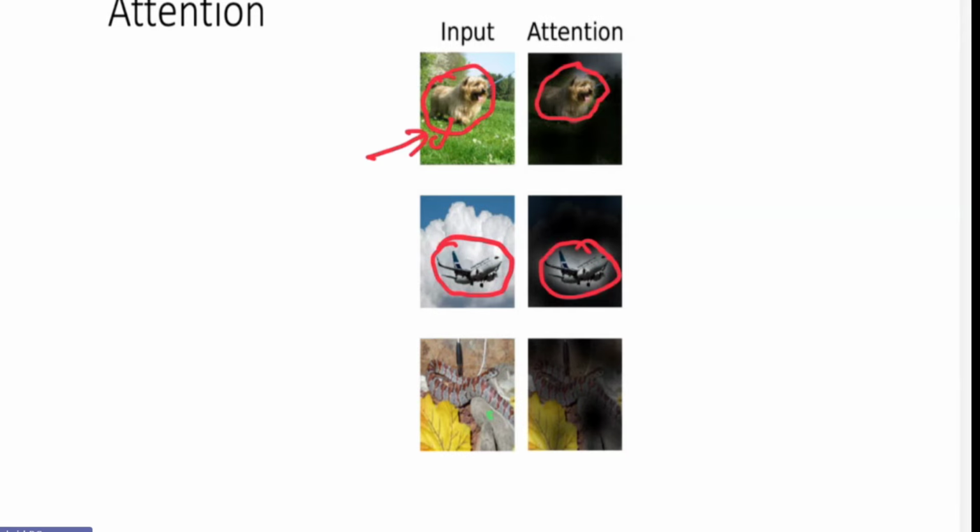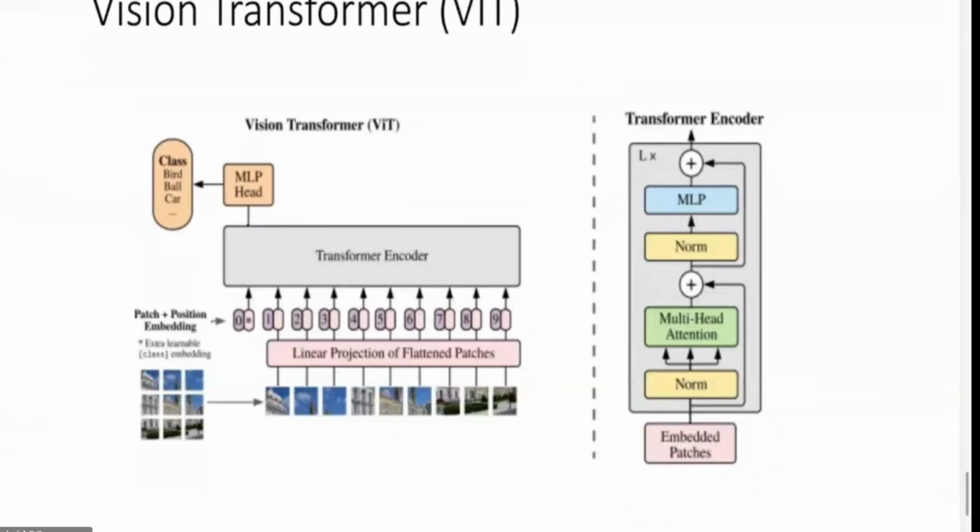So when you apply multi-head attention, it somehow tries to learn the important information required for classification. If you visualize the features after applying attention, the focus would be on the area of interest, on the object which is useful for classification.